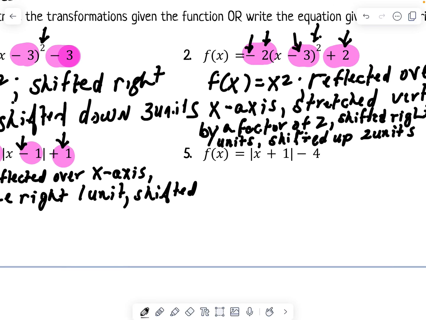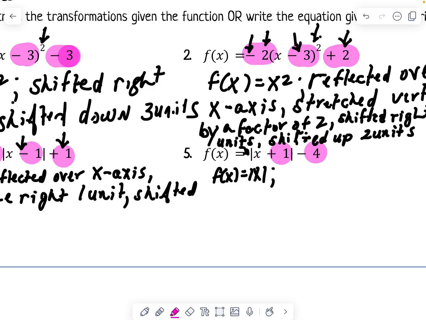So again, it's an absolute value function. So I'm going to start by writing my parent function. F of x equals absolute value of x. What changes have been made? Well, I don't have an A term here, and I don't have a negative. So I don't have a compression, stretch, or a reflection. So wonderful. It looks like I just have to worry about my H and my K. All right, great.